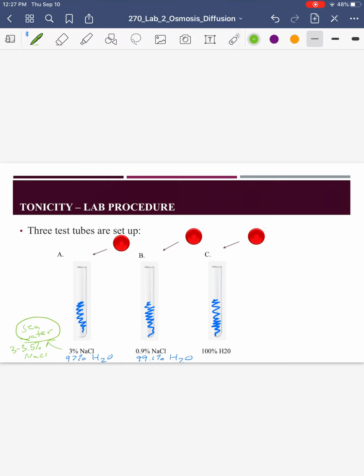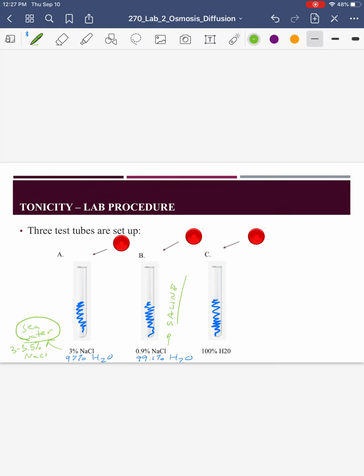And B, this is the same as saline. So an IV bag that someone gets in the hospital is saline. The solution that you keep your contacts in or wash out your eyes with is saline, and that just means it's a little touch salty, 0.9% sodium chloride, and the rest water.